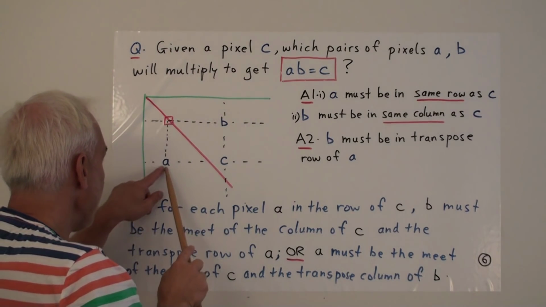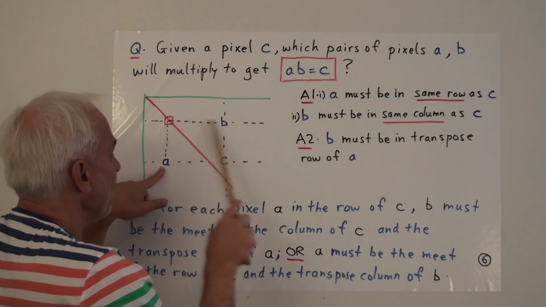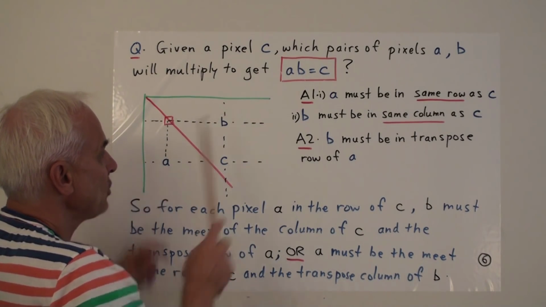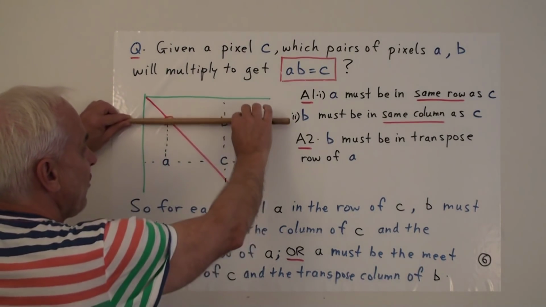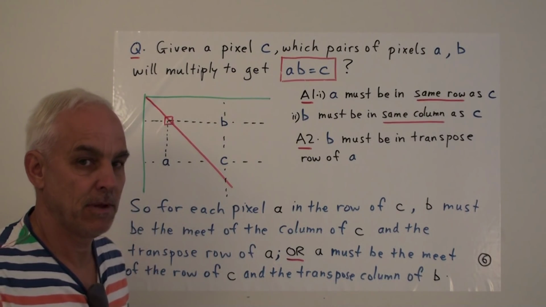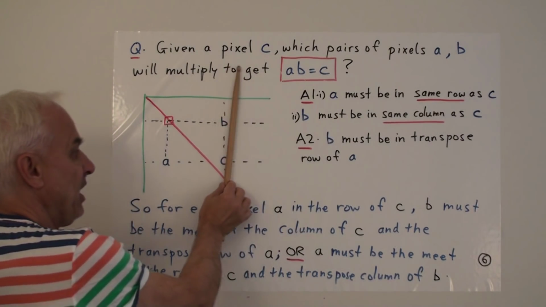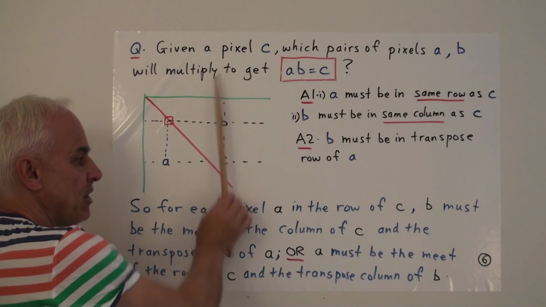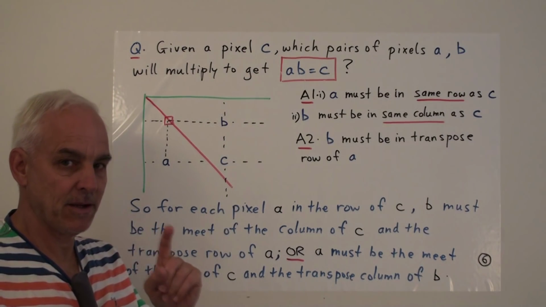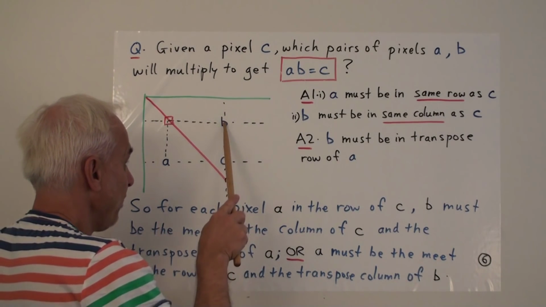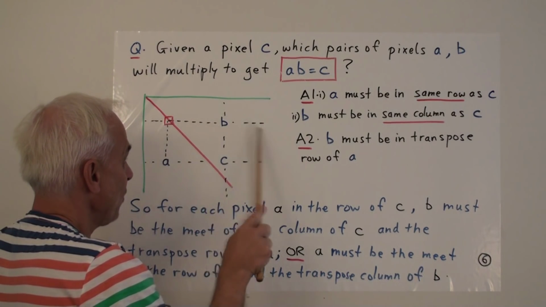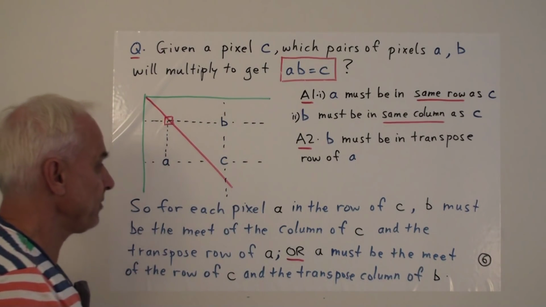We can only multiply A by something in this row. So this B that we're looking for must be in this row. But we've also just said that it also must be in this column. So there's only one place where it can be, namely right there, in the meat of this row and this column.